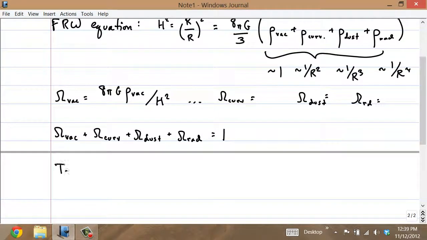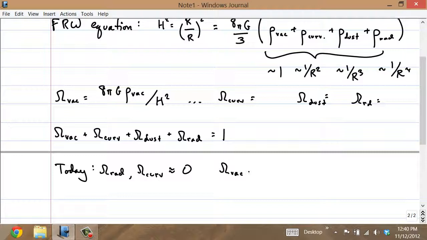So today, omega radiation and omega curvature are very small. They're experimentally indistinguishable from 0, which is not to say they're necessarily exactly 0. For example, I believe omega radiation is known to be about 0.1% or something like that today.